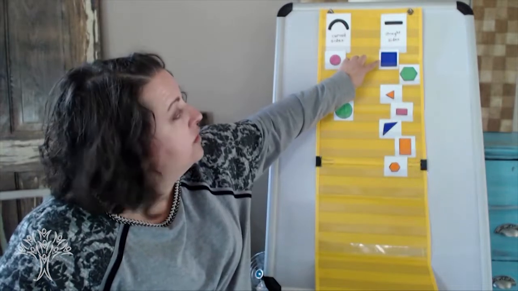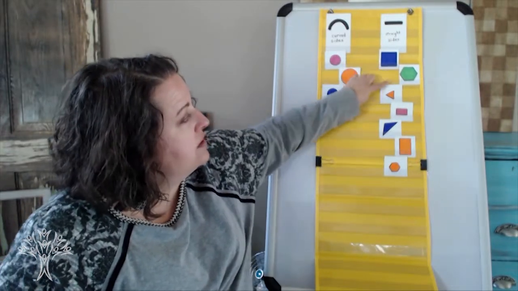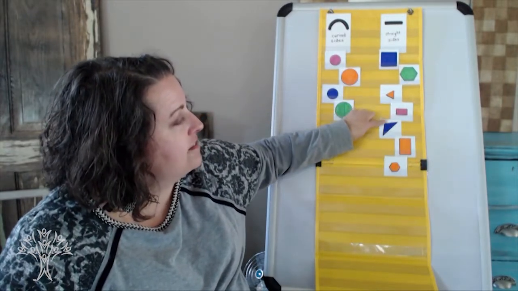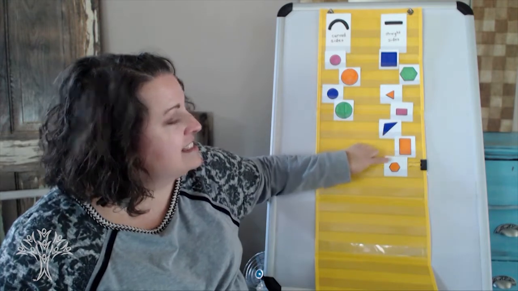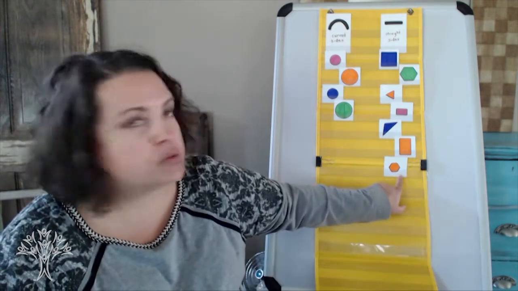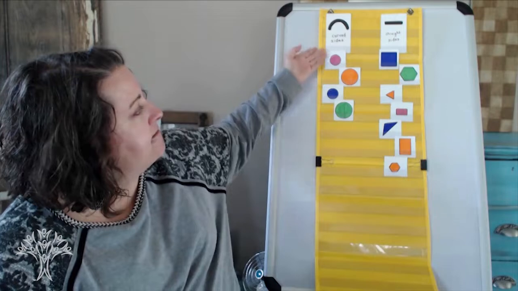I heard many of you answer, but let's double check to see if you were right. Count with me. 1, 2, 3, 4, 5, 6, 7. We had 7 shapes that had straight sides. We had 7 shapes with straight sides, and we had 4 shapes with curved sides.